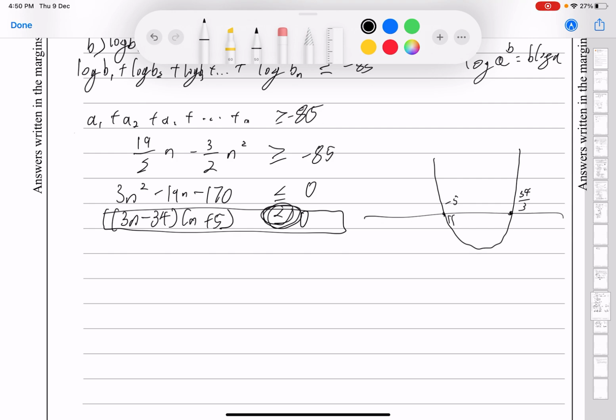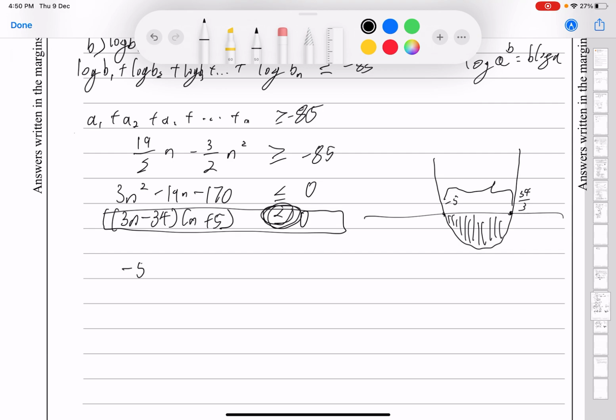So we only need this part right here, and the other part, which is smaller than -5 or larger than 34/3, we don't want that. So the only suitable range is in between the two numbers.